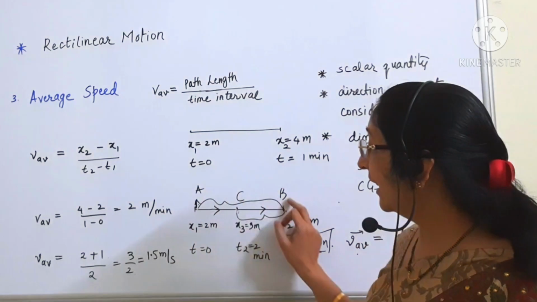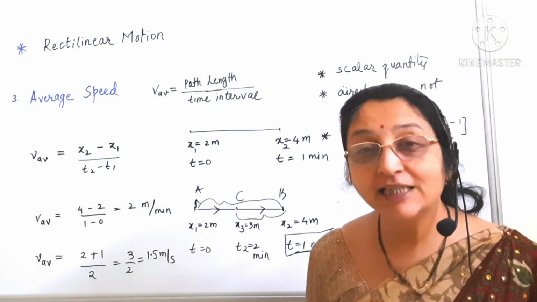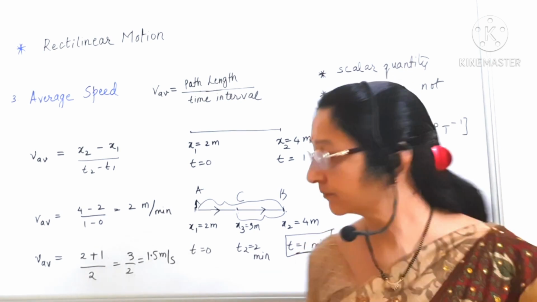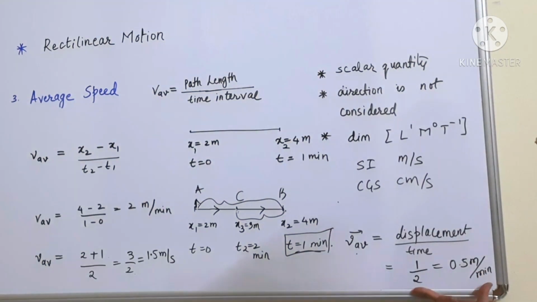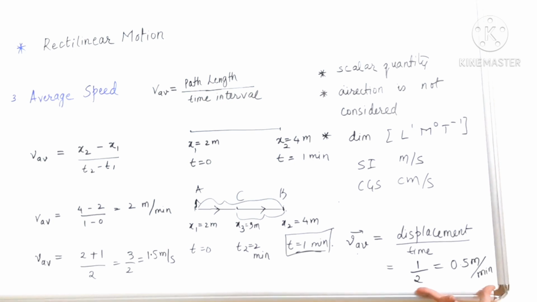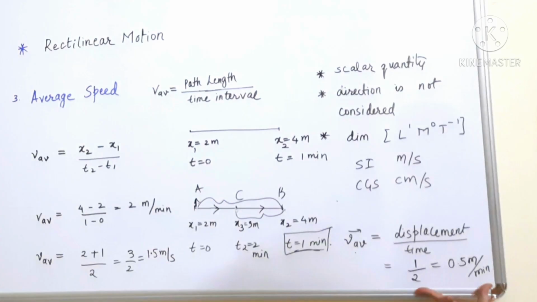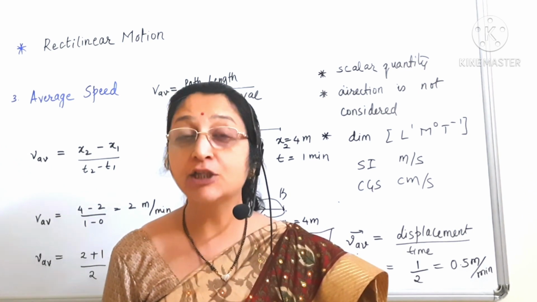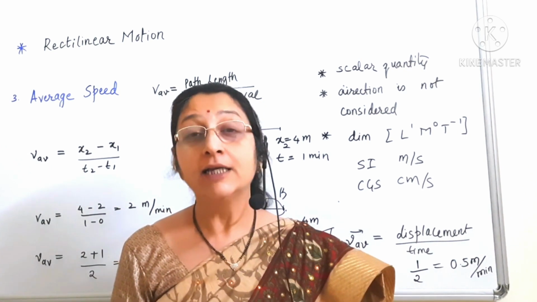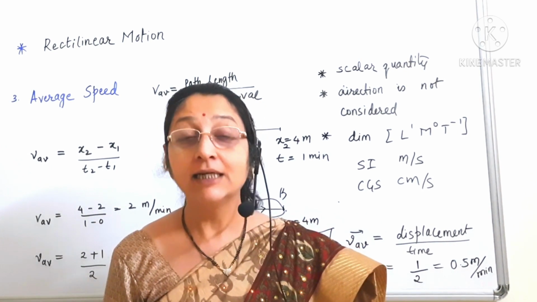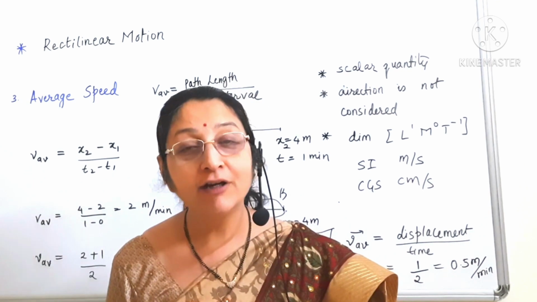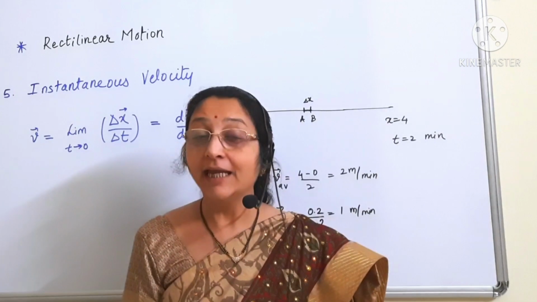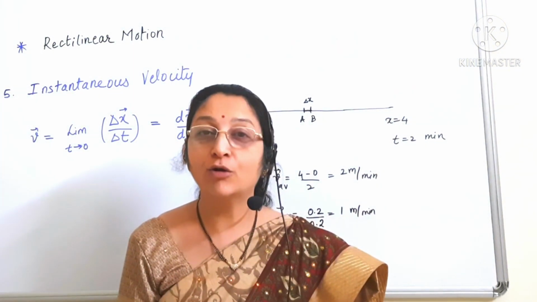But for path length, we take the total distance travelled by the particle or the body. So here the average velocity is 0.5 meter per minute. So the path length and the average speed both are scalar quantities, and the displacement and the average velocity both are vector quantities. The next is the instantaneous velocity.